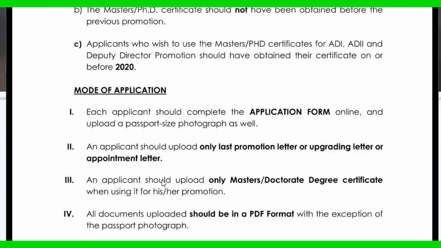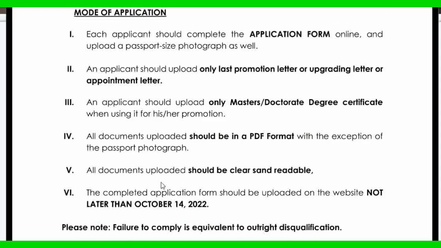Mode of application. Each applicant should complete the application form online and upload a passport size photograph as well. An applicant should upload only last promotion letter or upgrading letter or appointment letter. So these are the three documents you can use: the last promotion letter, or last upgrading letter, or the last appointment letter.